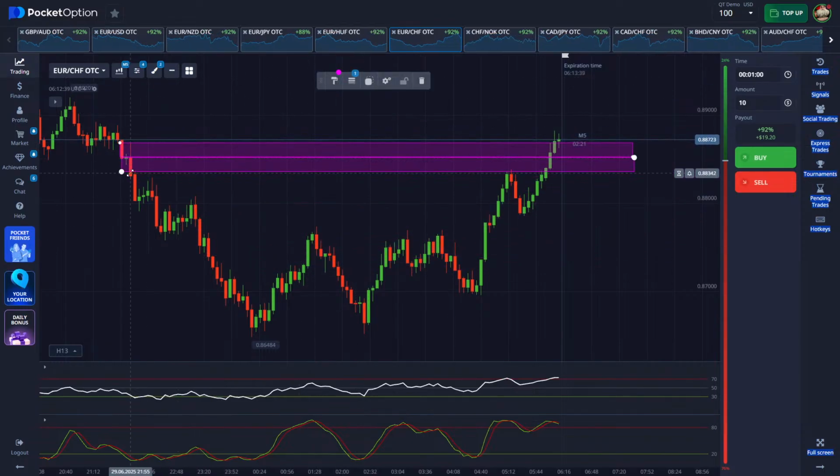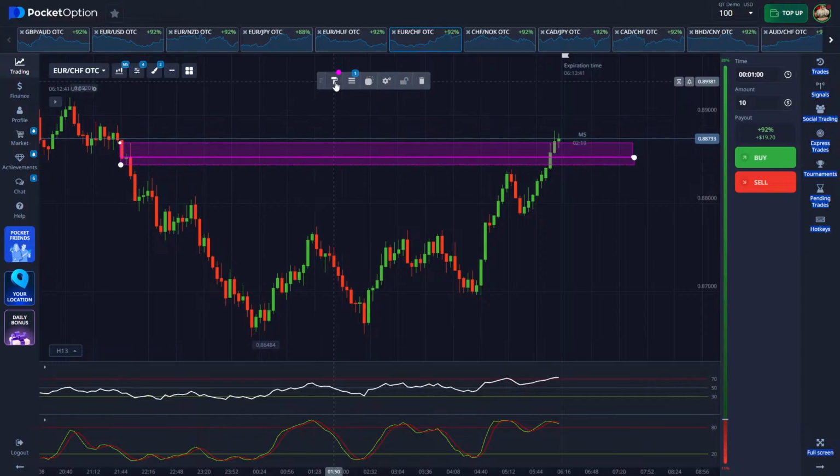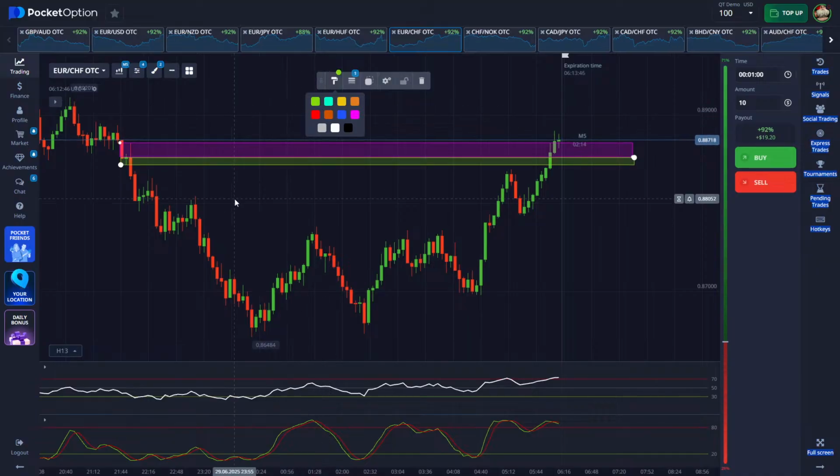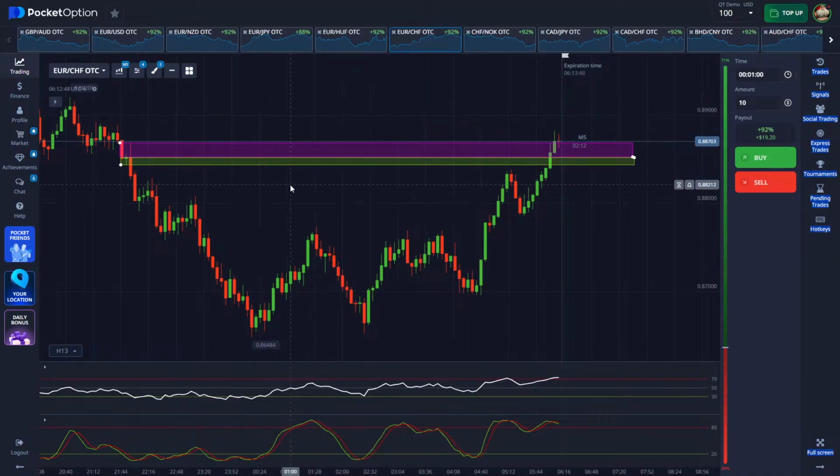I like to mark also some zones that are not fresh, like Doc would say, just to validate my thesis. So when I go back in 1 minute or 30 seconds, I can see what the result was.